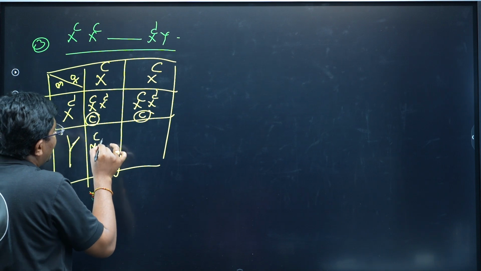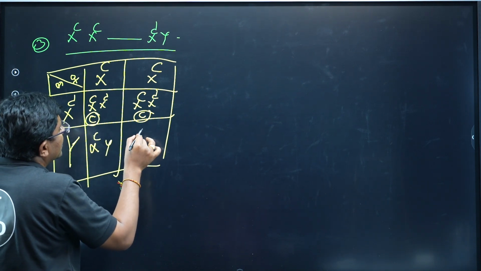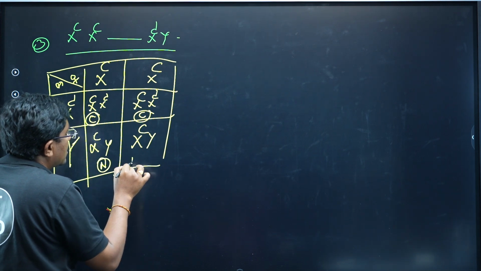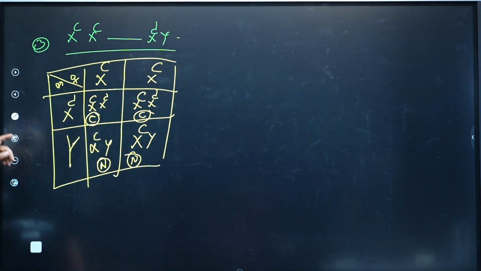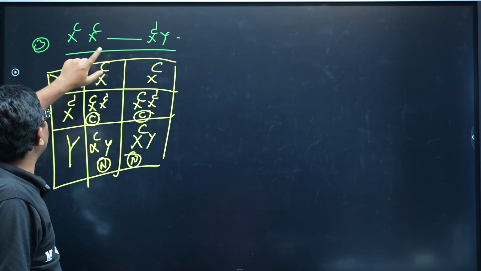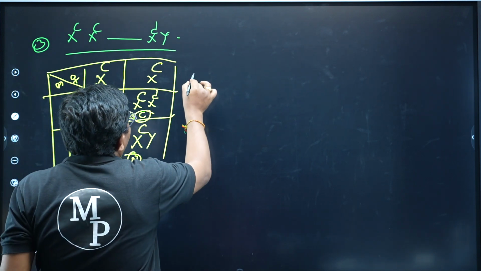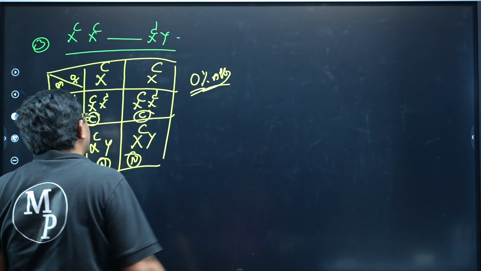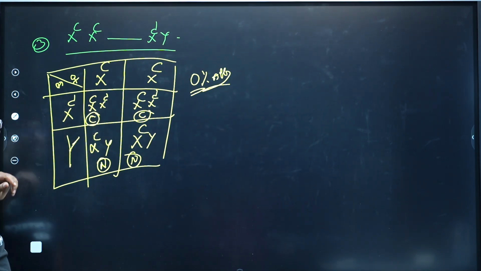And X^C Y and X^C Y, so again the sons are normal. When the father is affected and the mother is unaffected, understood? All offspring are normal and the probability of being affected is 0%. That is one type.